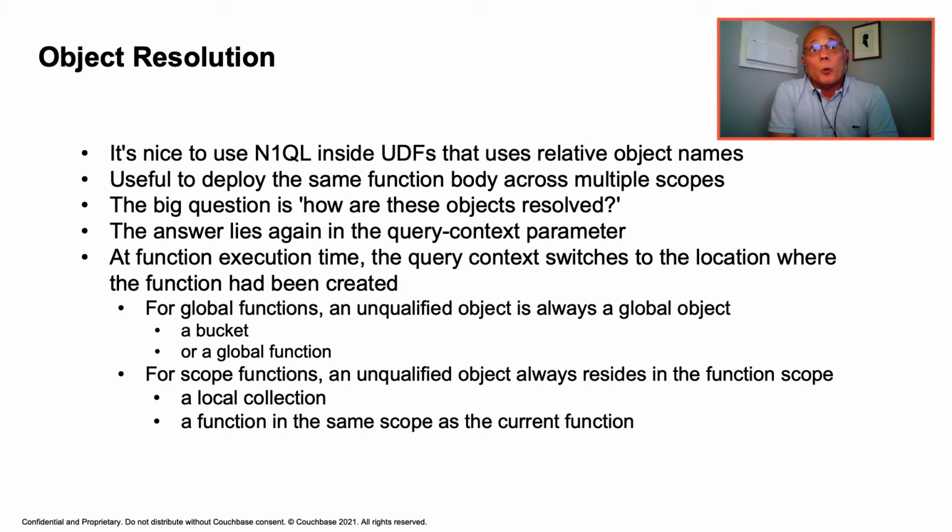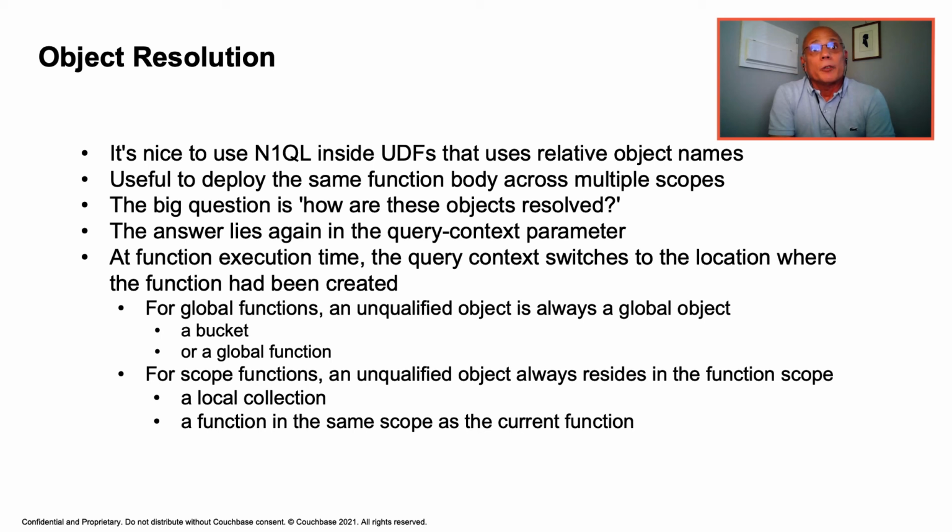What we do is use a similar principle to the query context parameter. When you start executing a function, the N1QL runner will switch the query context of the request from whatever it was set to, to the location where that function had been created. If you had created a global function, the query context will switch to the cluster.